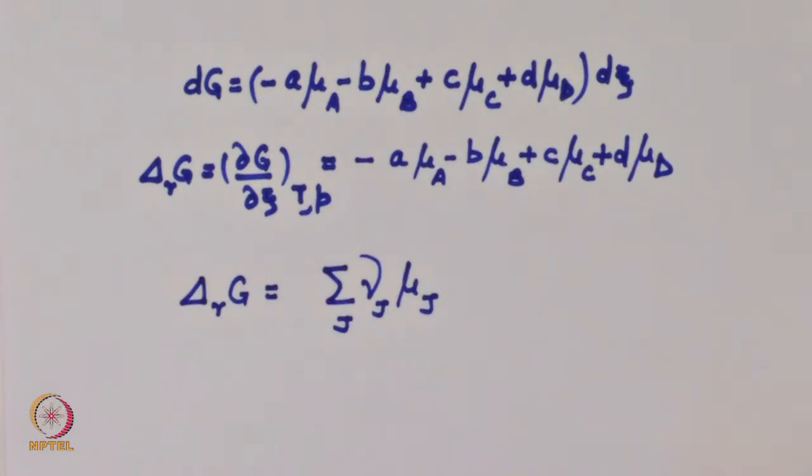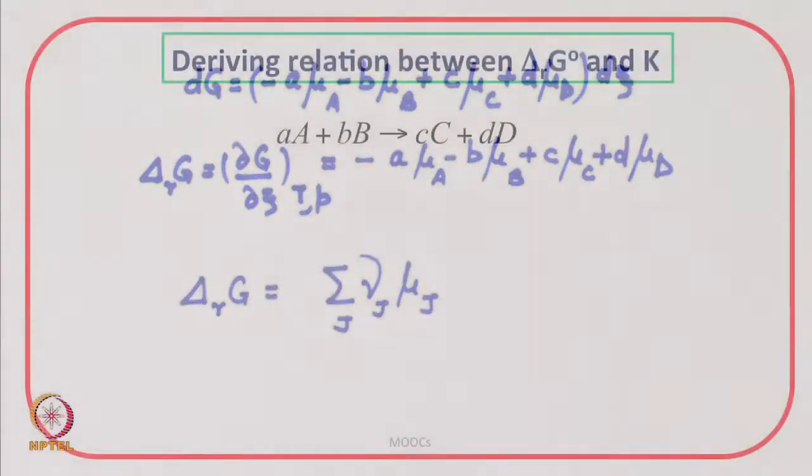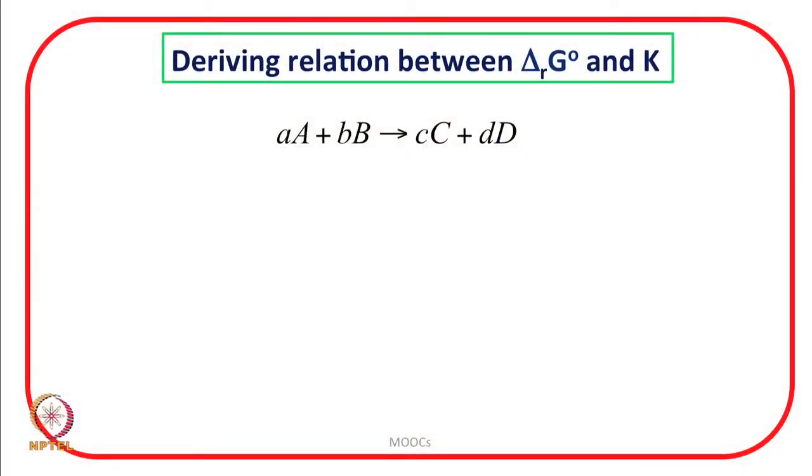Now, let us go to the slide and discuss this in a little detail. What we did was, we started with this general reaction, a moles of A plus b moles of B forming c moles of C plus d moles of D, and we defined the change in amount of A, B, C and D in terms of the extent of reaction.